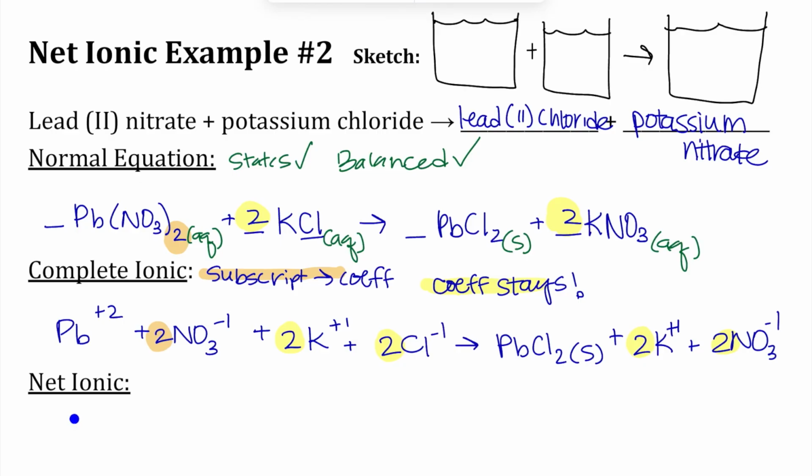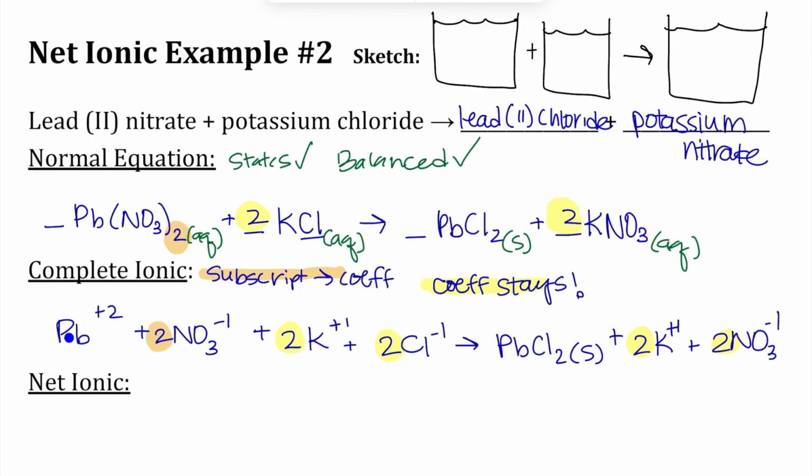Now as we look at this and getting rid of our spectator ions, those things that don't change, if we have 2K+1s on the left, we need to also have those 2K+1s on the right. This is by making our subscripts coefficients. It's maintaining the balance we need, and same thing with distributing our coefficients.